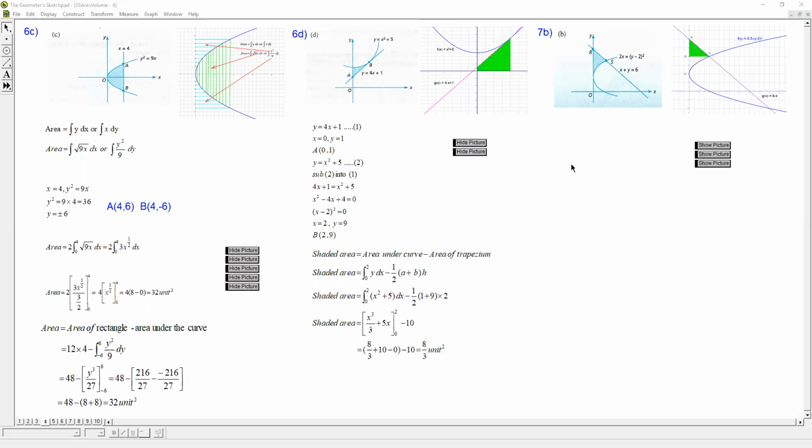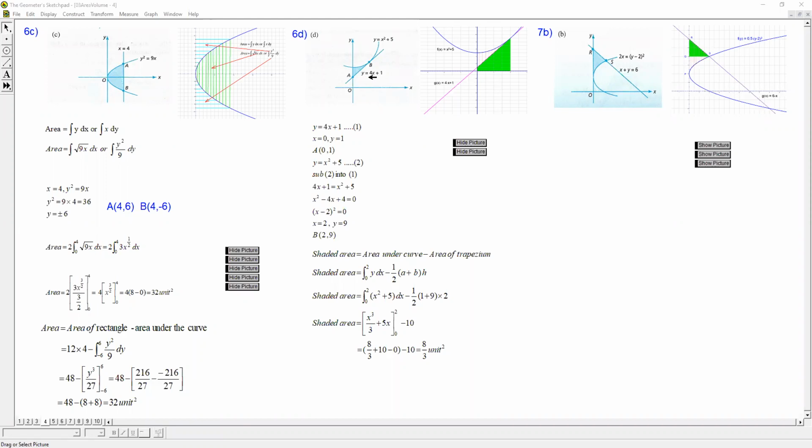Where A and B from? Okay, this A and B, okay, thank you, Shamimi. I will explain. You see the question here, this is the question number 6D, the question that I gave you. A is on the y-axis, B is on the curve, and this AB is tangent to the curve.